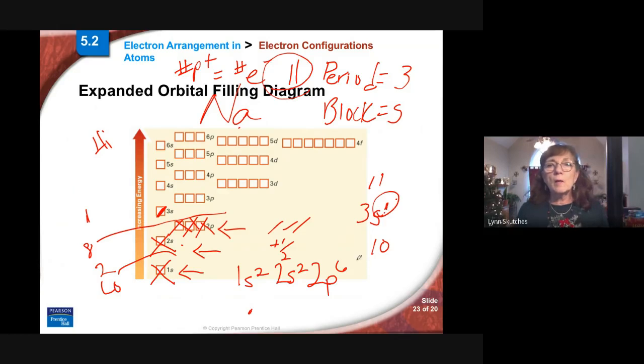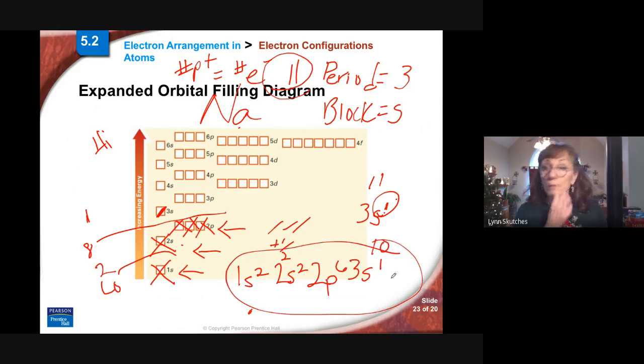And then we tag on this last lonesome electron. And this is the electron configuration notation for sodium: 1s2, 2s2, 2p6, 3s1. If you add the numbers that are superscripts, you get 11, which is what sodium has.